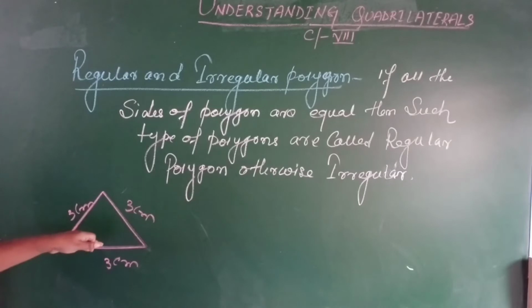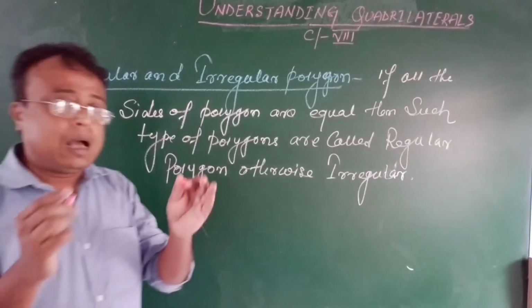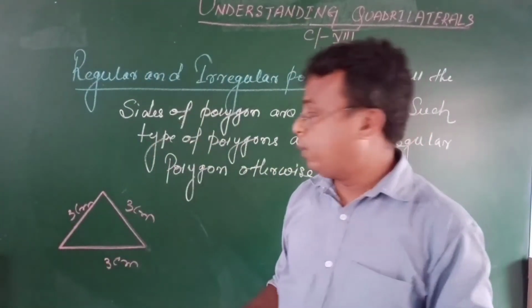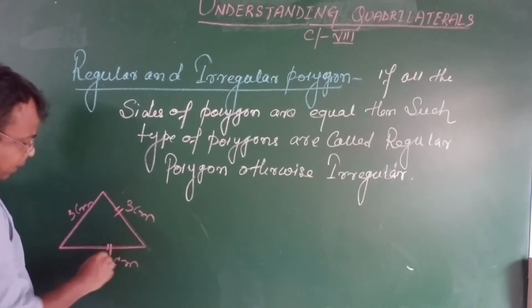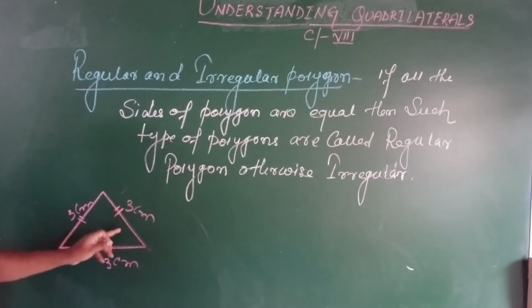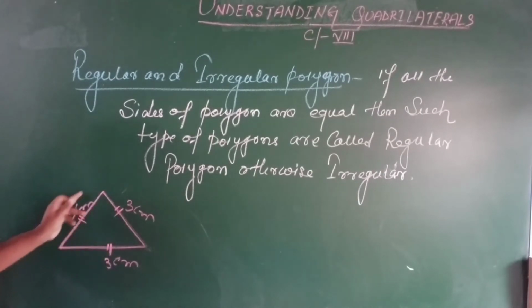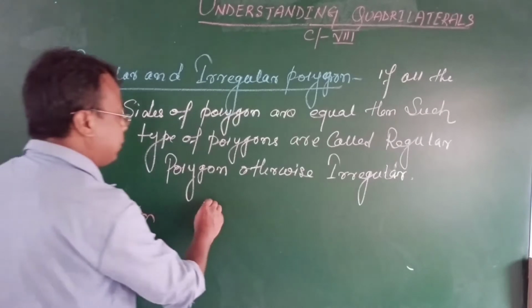The name of that polygon is triangle. How do you use a symbol to show that all the sides are equal? You use this symbol. I am using the same symbol here. These symbols indicate that all the sides of this polygon are equal.